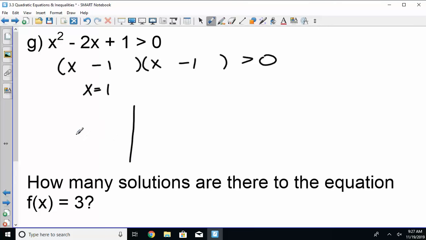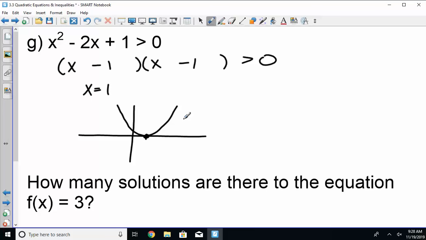So what that means is we have a graph and it only hits the x-axis once. Well, it's still a parabola. It should look like this. And you could always use your graphing calculator to confirm if you need to. Now, if my question was greater than or equal to 0, my answer would be negative infinity to infinity.